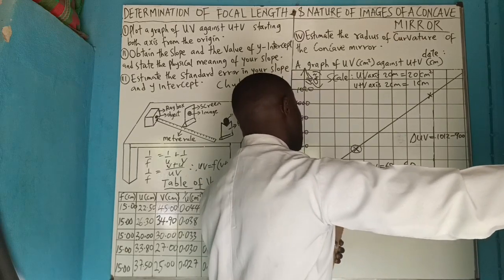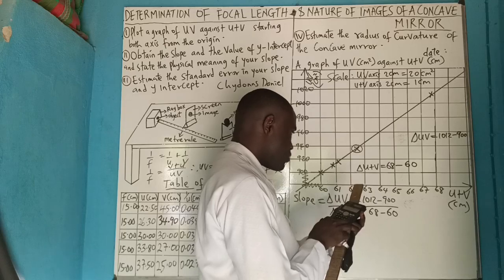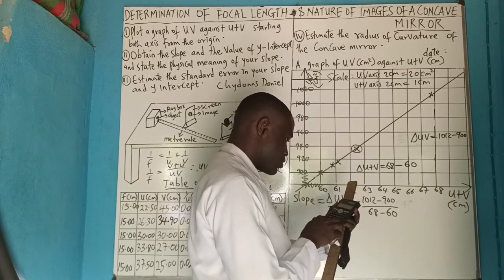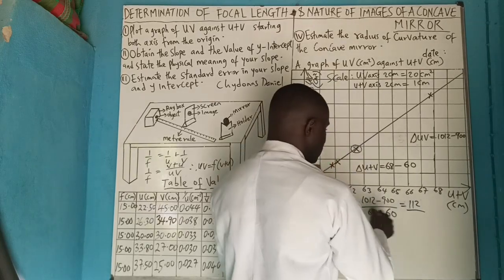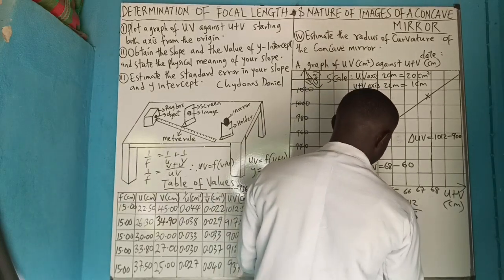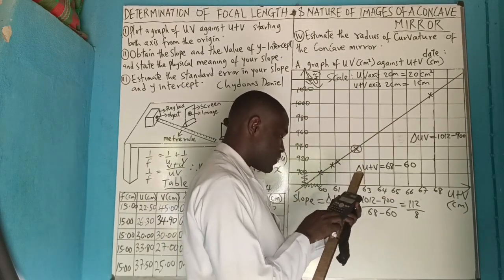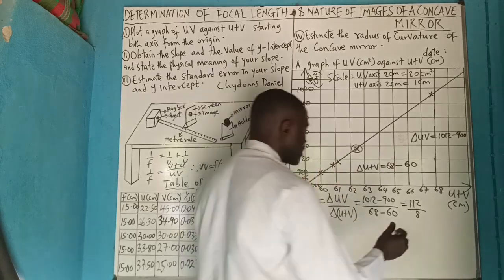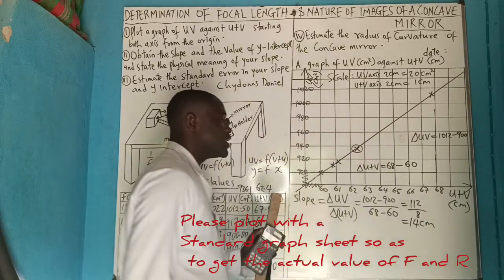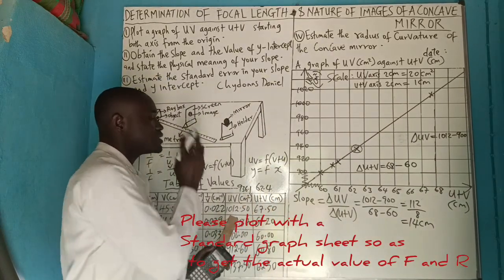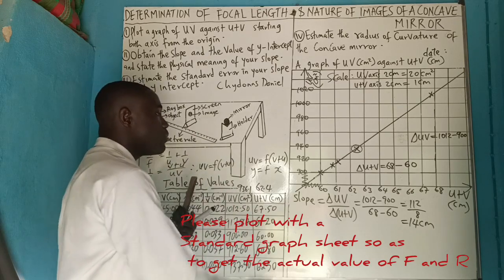So we use our calculator. 1012 minus 900 will give you 112 all over 68 minus 60 is 8. You say 112 divided by 8. That should be giving you 14 cm. Still in the range we said it should fall between 13 to 15 cm. Are you getting it? We have gotten our slope.